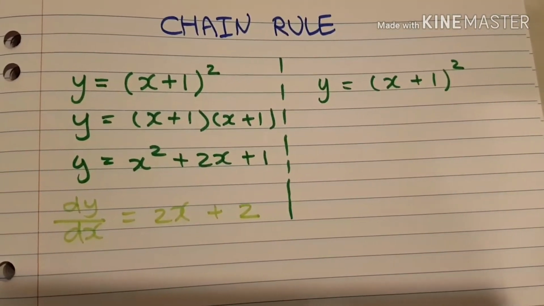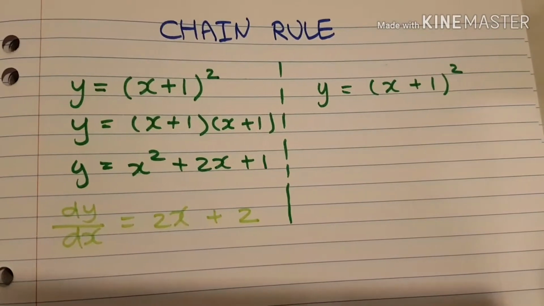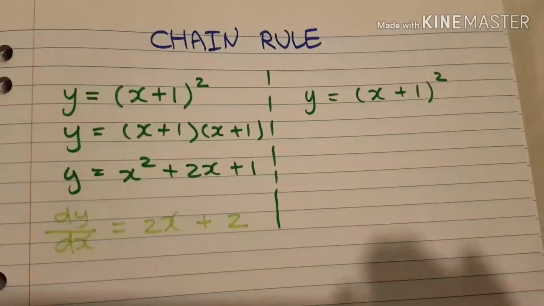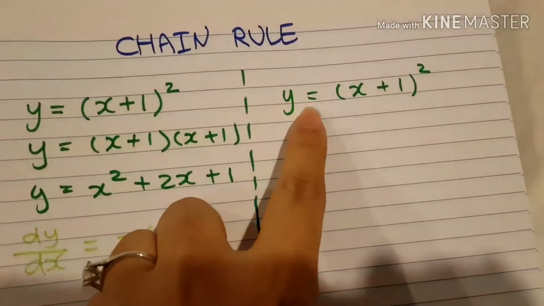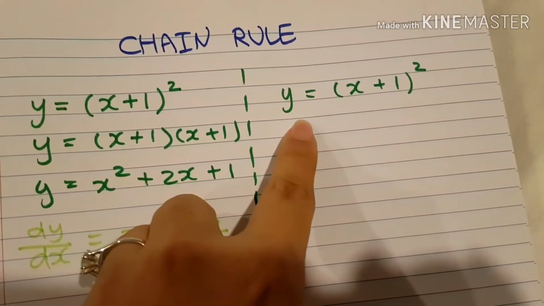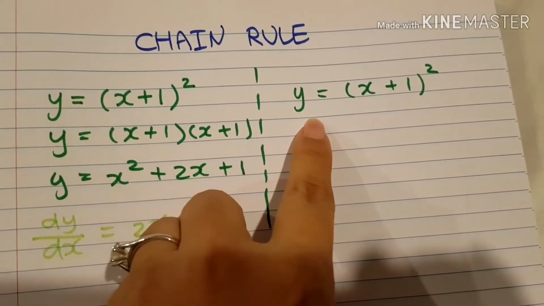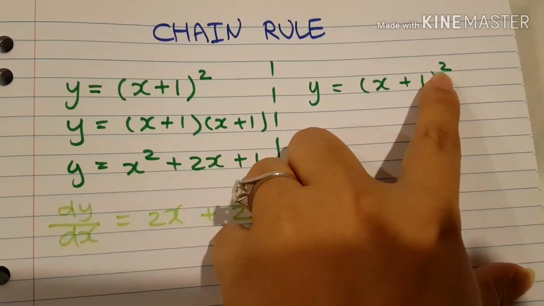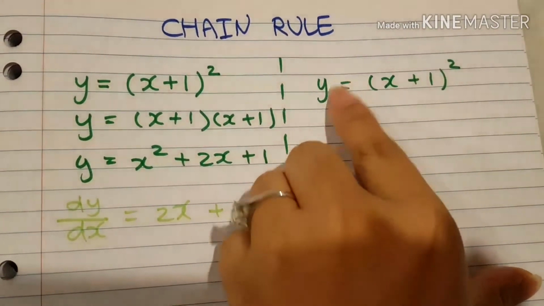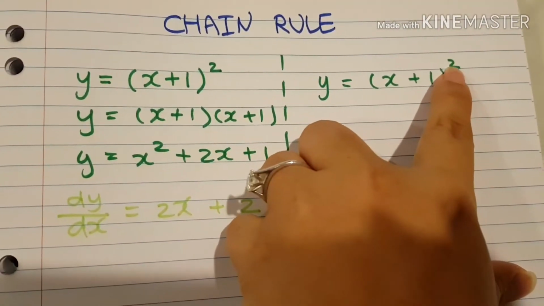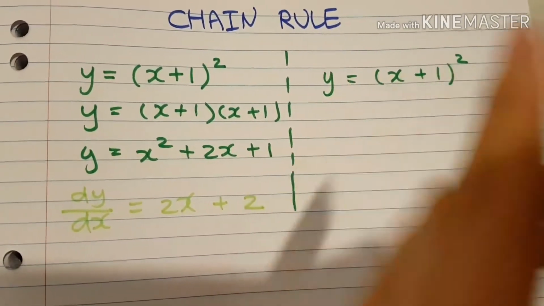Okay, so on the right hand side, I wrote down exactly the same equation as the left hand side, that one and that one. Using the chain rule this time, I'm going to try to solve it. So first thing, you see that squared outside the bracket, I'm going to pull it down there.